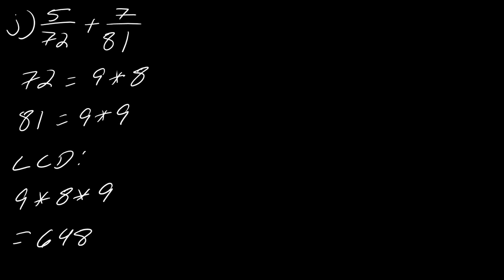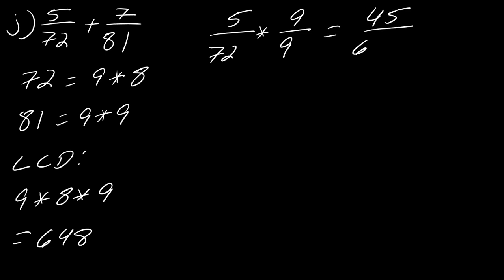Big number. Okay, so for 5 over 72, in this case, I need to multiply the top and bottom by 9 over 9. Remember, 72 is 9 times 8. The LCD is 9 times 8 times 9, so I need this extra 9 here. So if I multiply those together, I get 45 over 648.